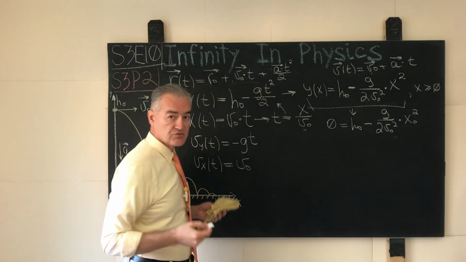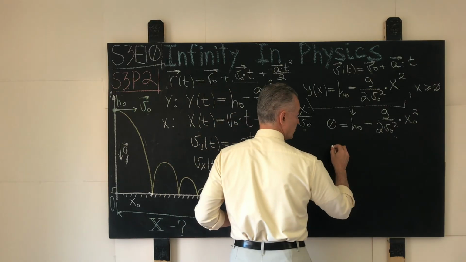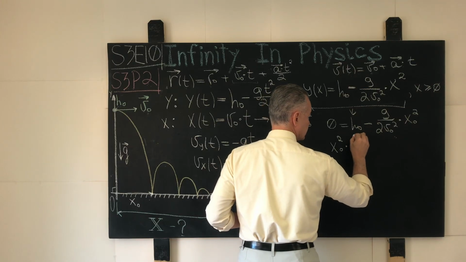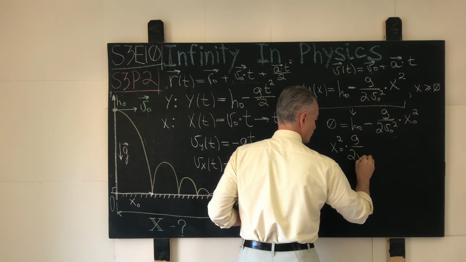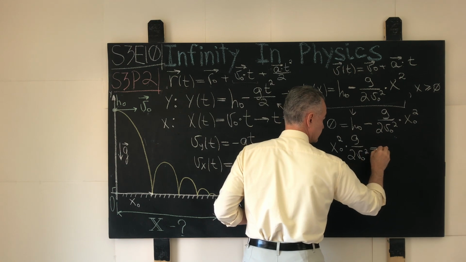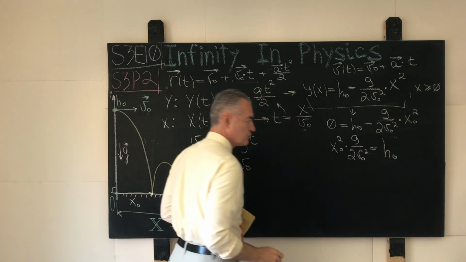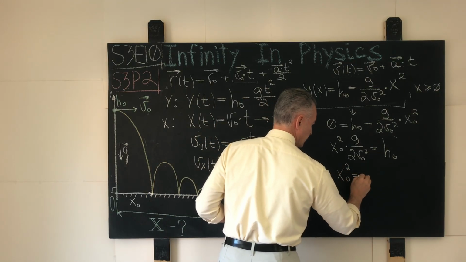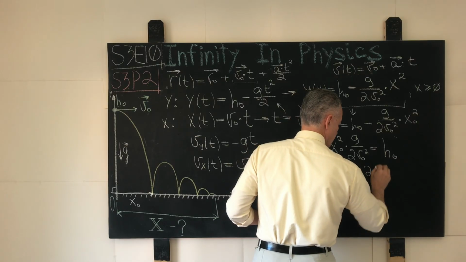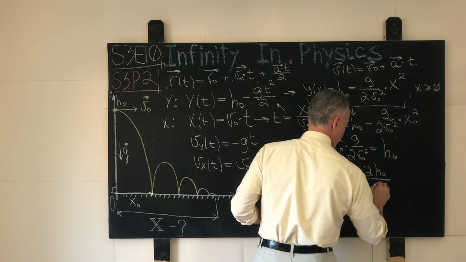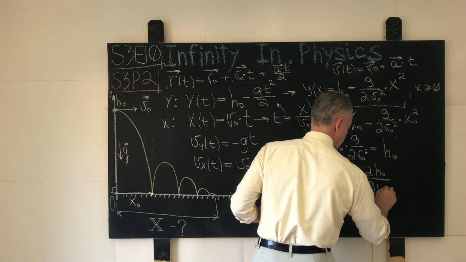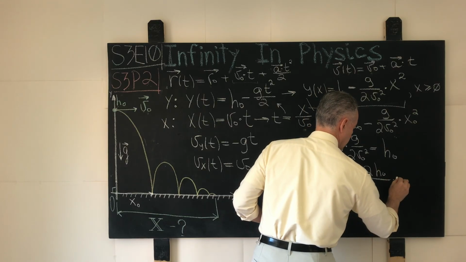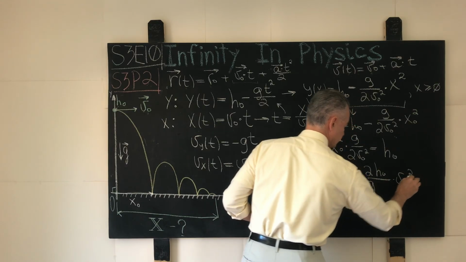Technically, it's a quadratic equation, but in this case, what do we have? We have x0 squared times g over 2v0 squared is equal to h0. Would you agree? From here, x0 squared is equal to 2h0 over g times v0 squared.